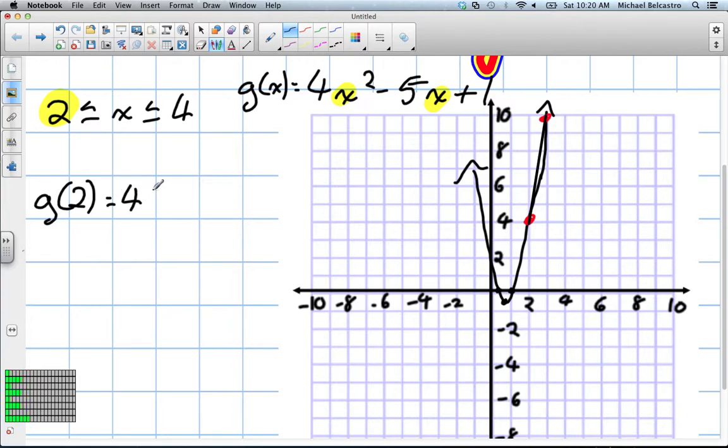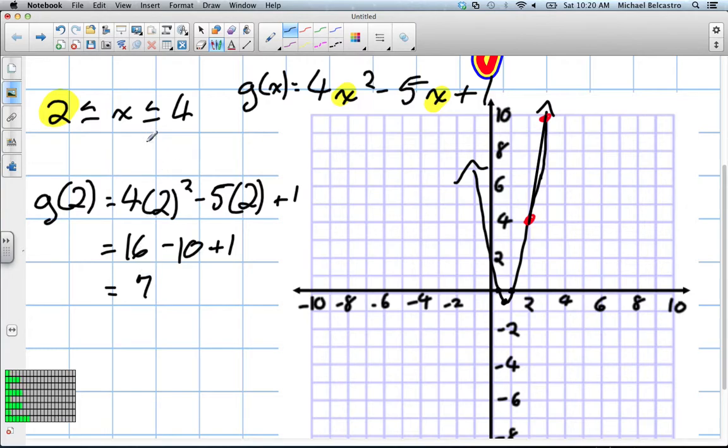And what ends up happening is we replace all the x values with 2, kind of like what we did before to find the vertex of this. This becomes 2 squared is 4 times 4? 16. Good. 5 times 2? 10. Good. What's this all going to add up to? 7. That's right. Good. So the very first thing we've discovered is at 2, we weren't that accurate.